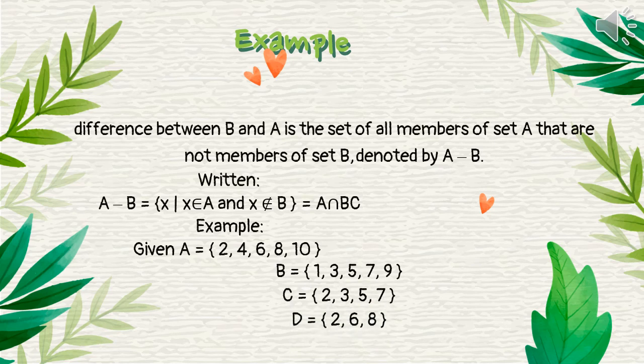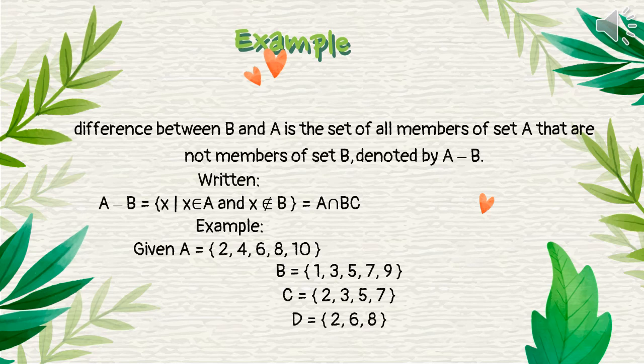Definition: the difference of A and B is the set of all members of set A that are not members of set B, denoted by A − B. Written: A − B is {x | x ∈ A and x ∉ B}, which is A ∩ B complement.